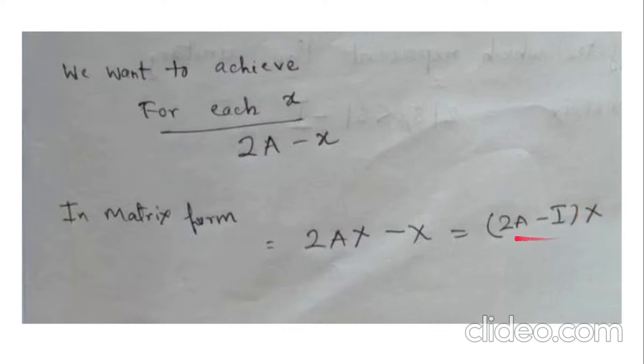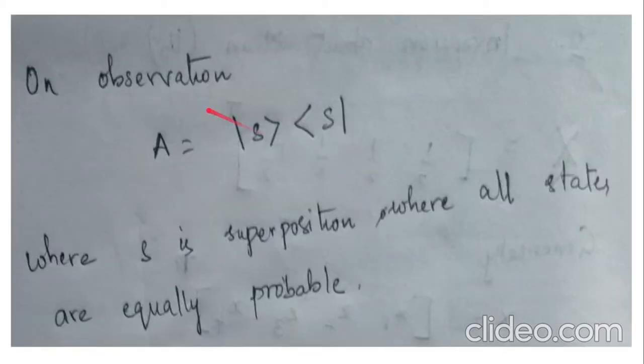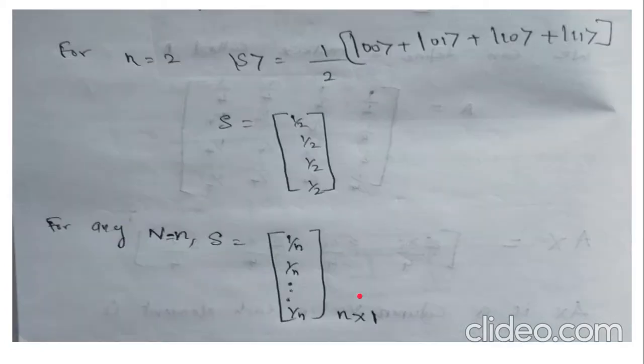So finally we want this operator 2A minus I to act on our superposition state. Let's dig into this more. If you observe, A can be written as ket S times bra S, where S is the equal superposition state we talked about. For example, where n is 2, S is this superposition state, represented by this column vector.